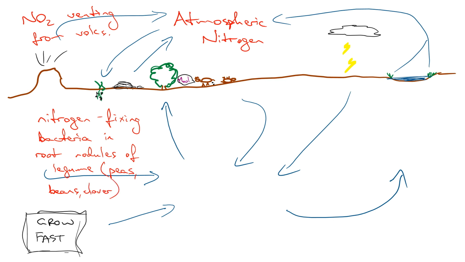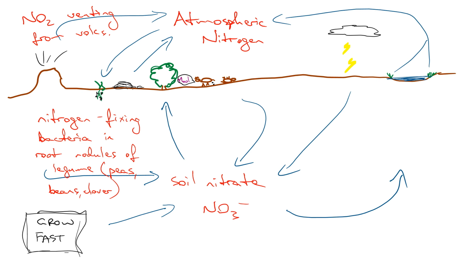So we've got this nitrogen-fixing bacteria. They can fix nitrogen into soil nitrate. Nitrate is NO3 minus. This is the usable form of the nitrogen, the soil nitrate.